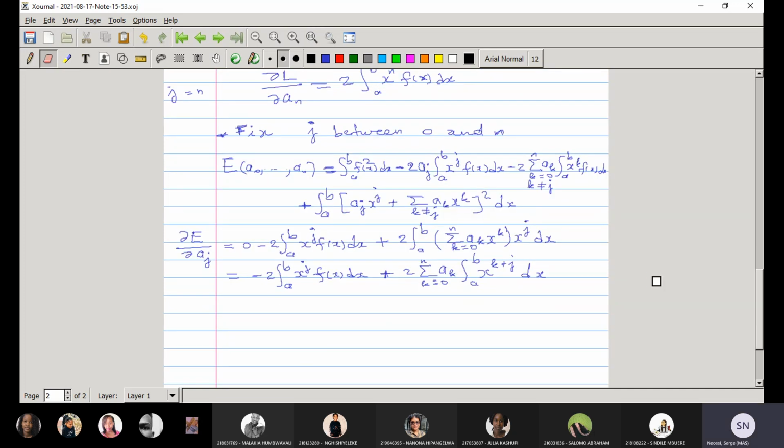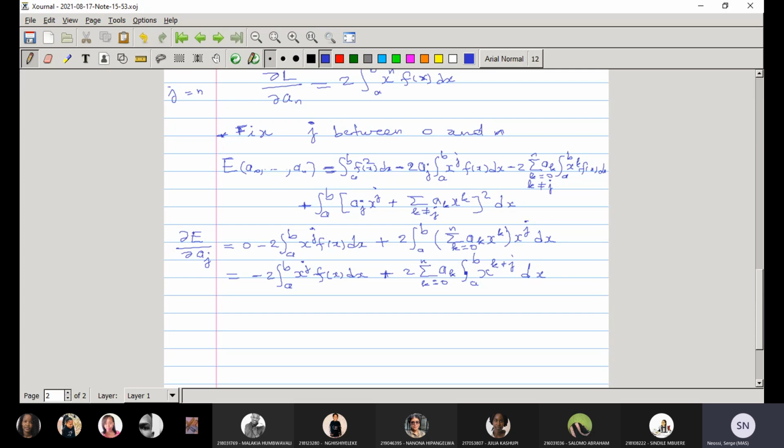Okay, so this is the final result that we have. Now let us compare with what is in the notes to see if we did not make any mistake. If we did not make a mistake, this is what we should get. Even this x to the k, I cannot take it out because it depends on x. So I cannot take anything here out of the integral sign.